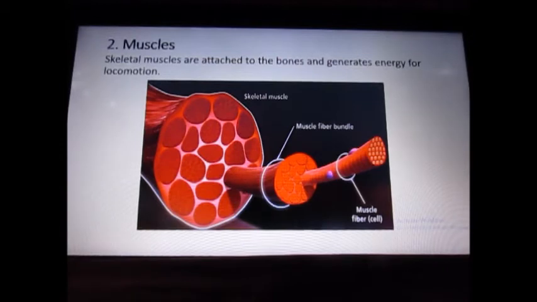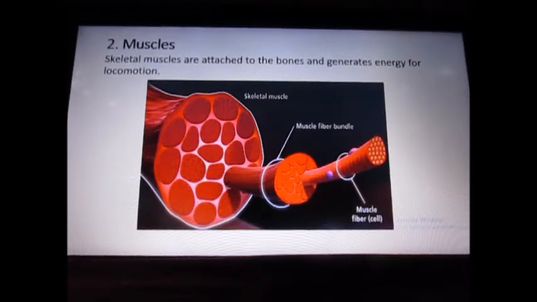A skeletal muscle is made of many bundles, which we call the muscle fiber bundles, and in each muscle fiber bundle we find the muscle fibers, which are the muscle cells.